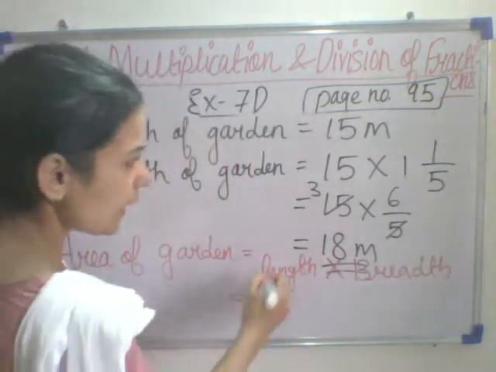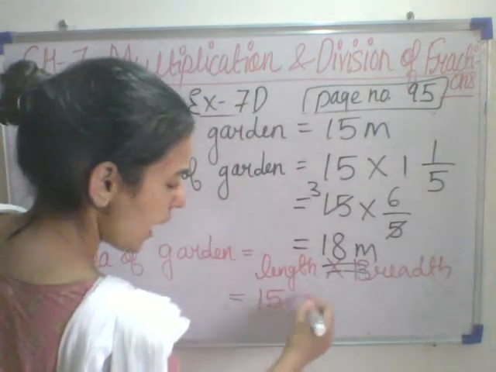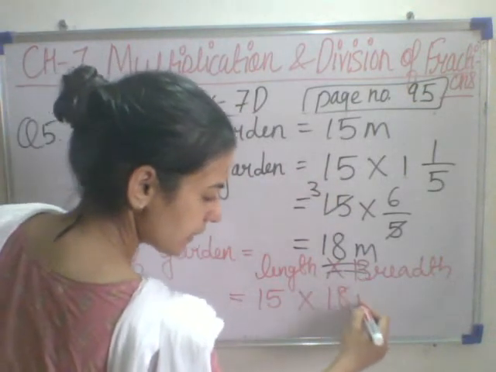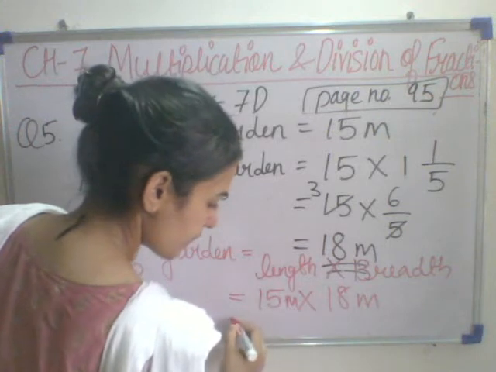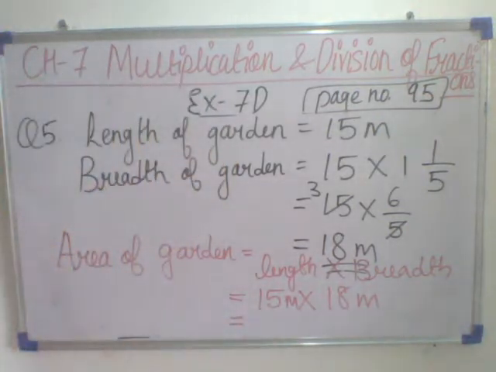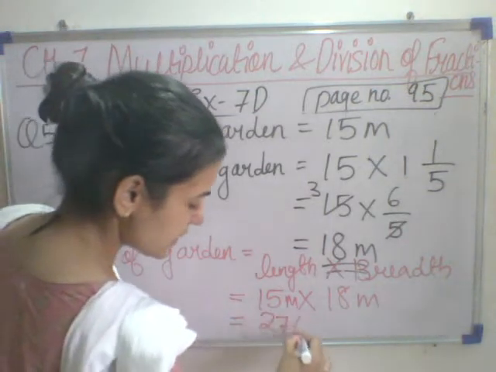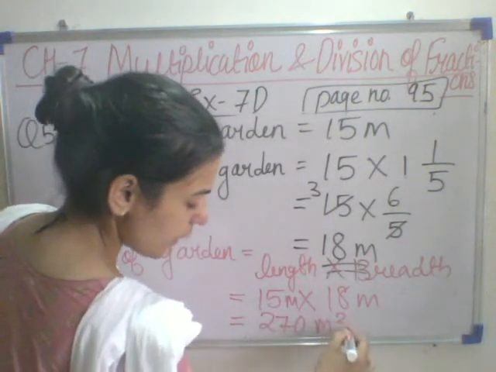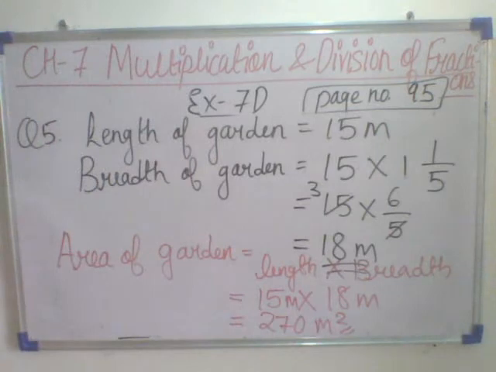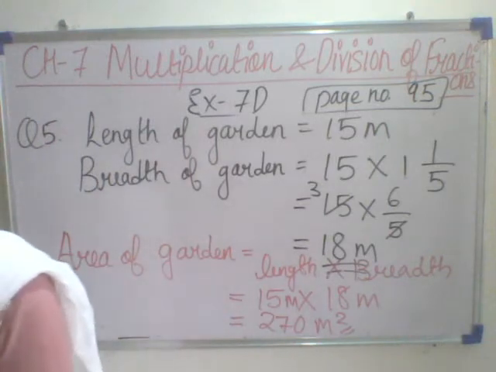So what is the length? 15 meter. And what is the breadth? 18 meter. So if you multiply 15 with 18, you will be getting 270 meter square. This will be the area of the garden.